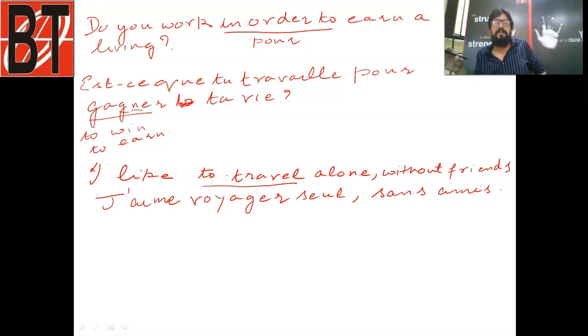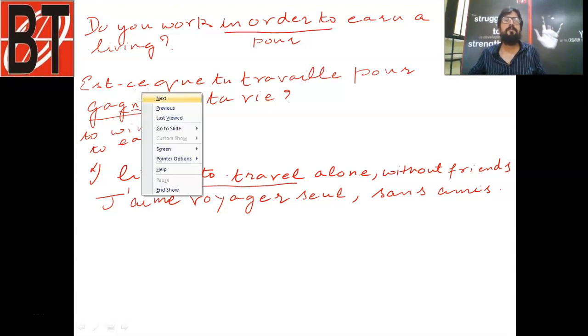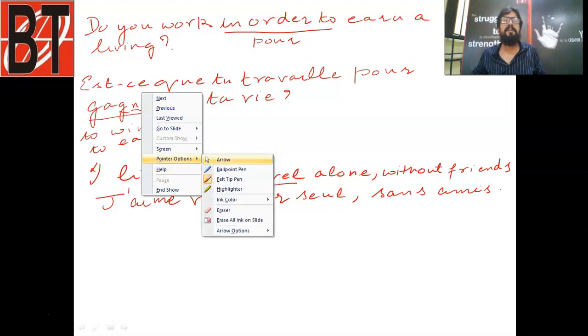So these are few of the examples that helps you to understand the preposition. Now let us move further to understand the next preposition that creates a lot of confusion. So once again, if you want to write, you can pause it and write down. Now the next important preposition is en, on.